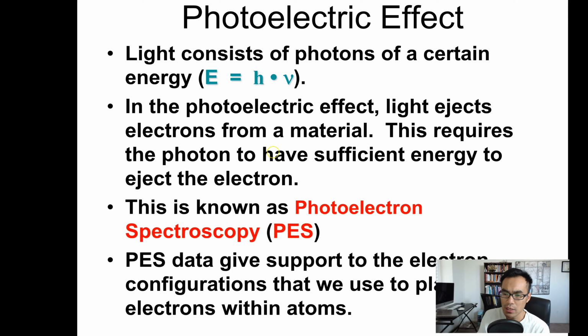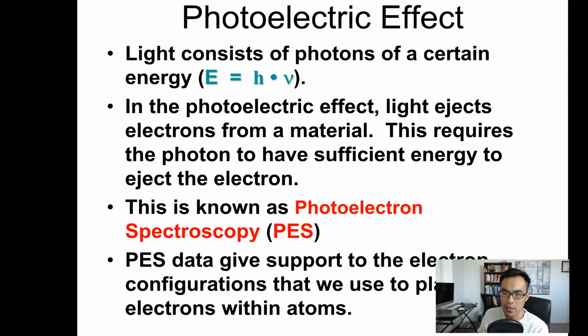Alright, and so just wrapping that up with the PES situation, the photoelectric effect really is this idea of PES, where you're really talking about light as photons. In the photoelectric effect, electrons get ejected from a material, and this requires the photon to have enough energy to eject that electron.